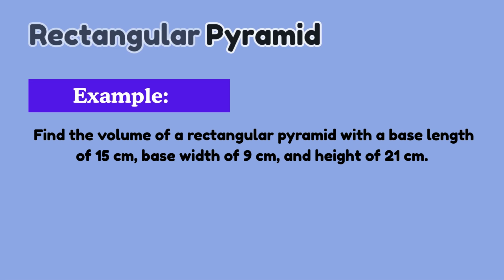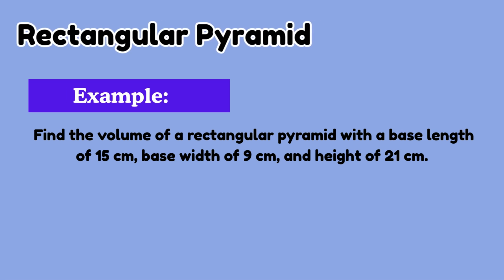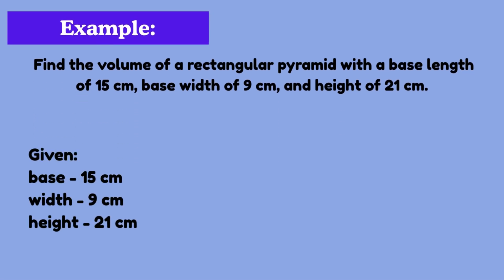Example: find the volume of a rectangular pyramid with a base length of 15 cm, base width of 9 cm, and height of 21 cm. Let's solve for the volume using the formula V equals 1/3 times length times width times height.